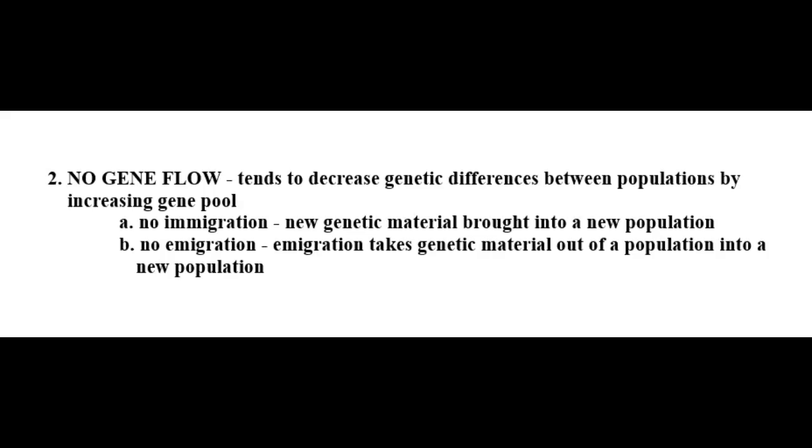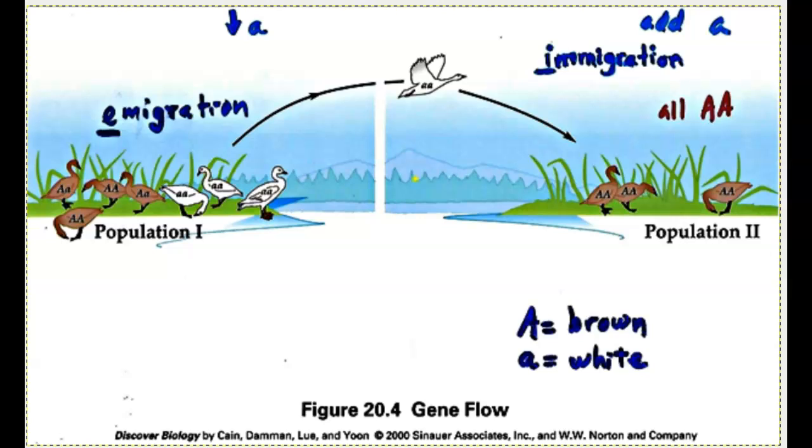So let me show you an example. In this example, we have brown and white geese. Population 1 here has brown and white. Population 2 only has brown.